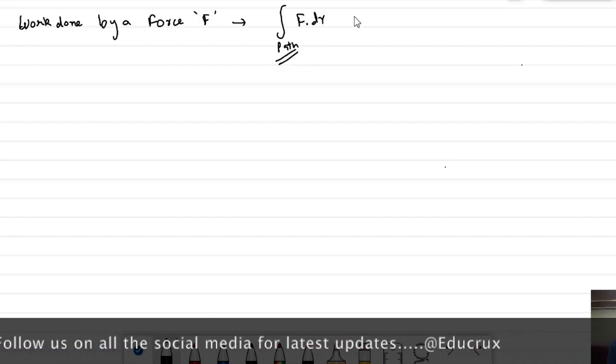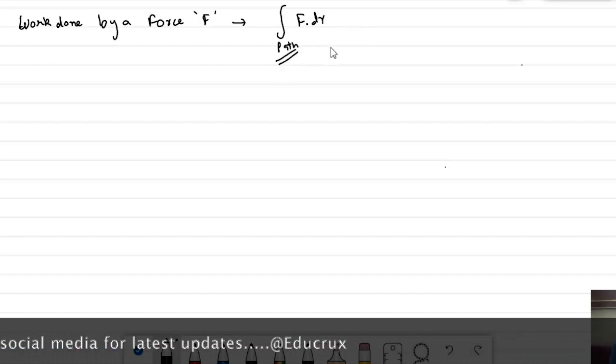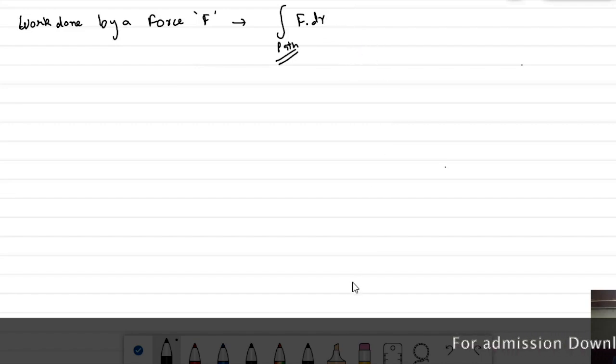So to calculate the work done by any force F, we need to perform this integration over the path that a particle takes. So let us now consider spring force and see what is the work done by the spring when we compress it or extend it.